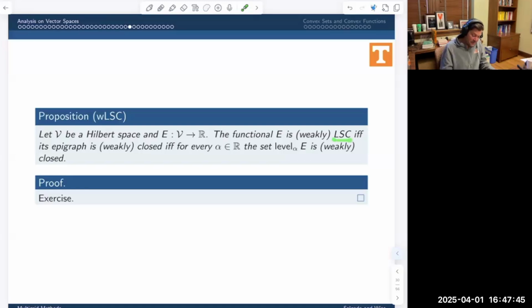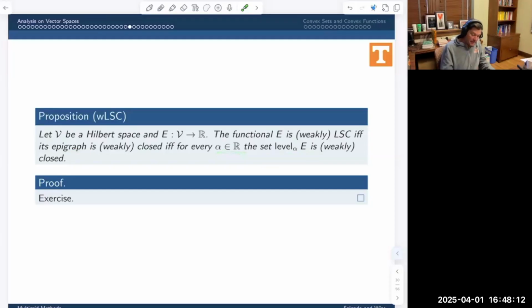We can either use the definition, or we can show that its epigraph is closed, or we could show that the sublevel set of E is closed. The definition, the closure of the epigraph, or the closure of the sublevel set for every alpha.